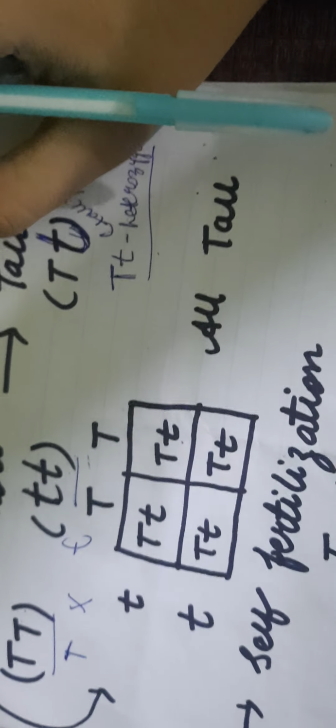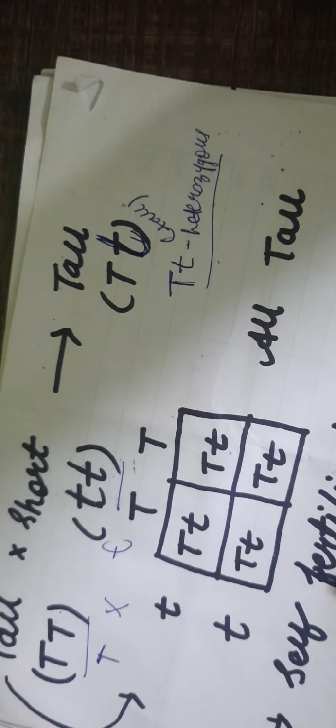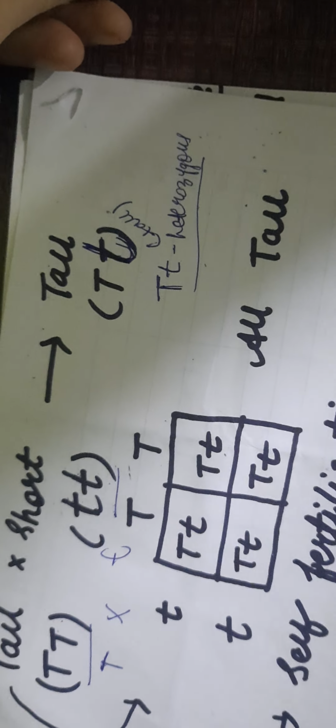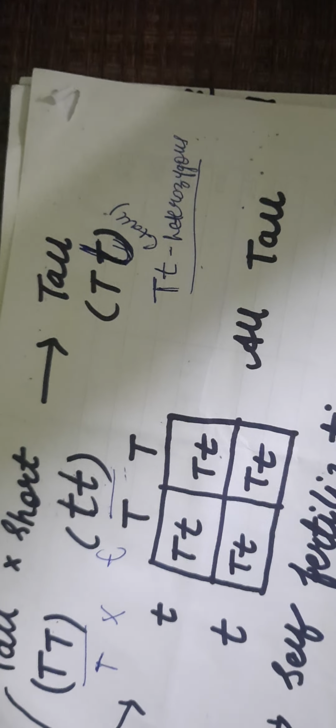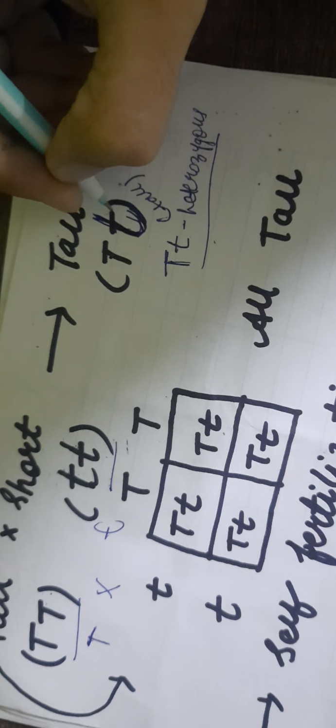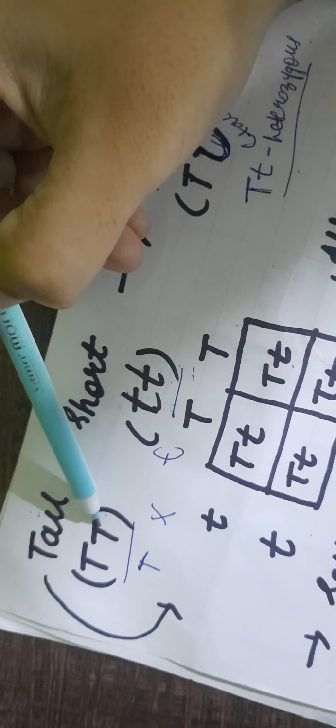So there is only one probability that the progeny will be tall, and the gametes also have only one probability, that is capital T and small t. See, I have also shown how it has happened, this capital T and small t, right?